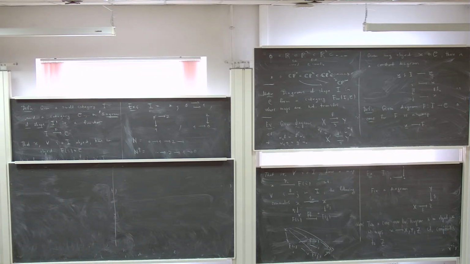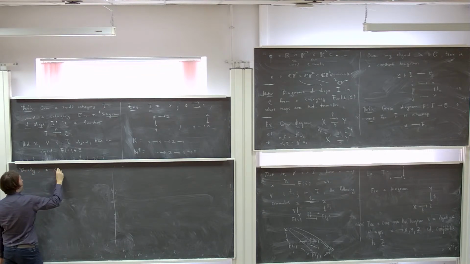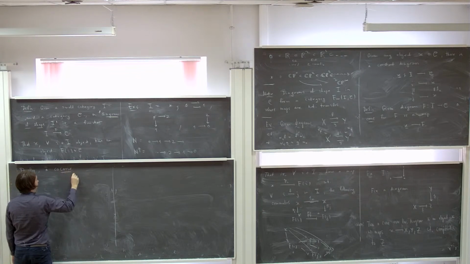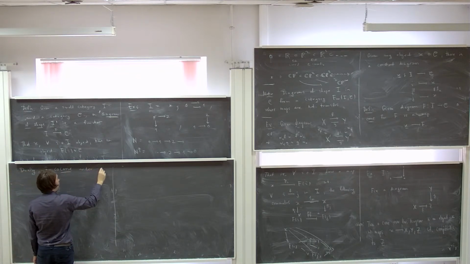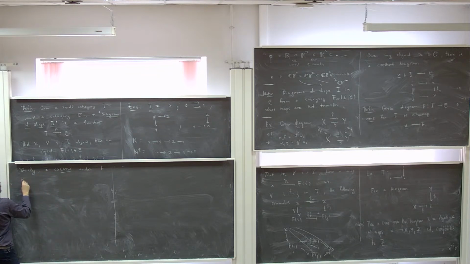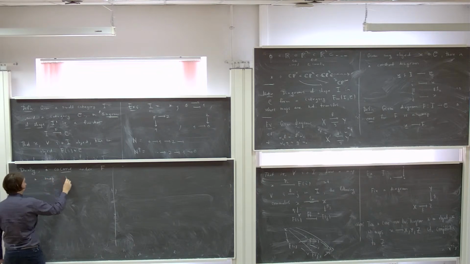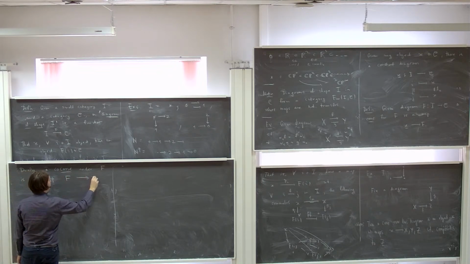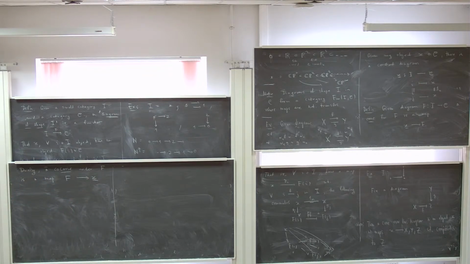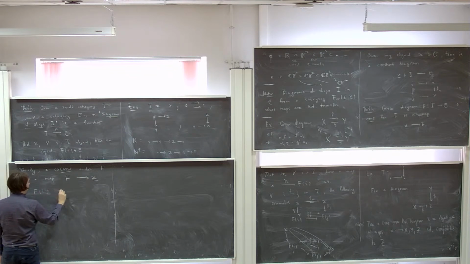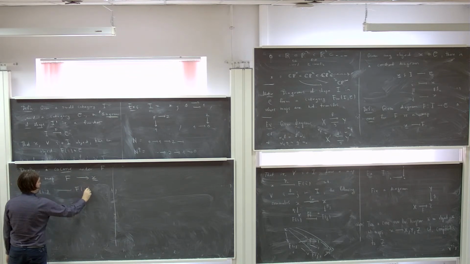Okay, so a cocone is the dual thing. So dually, a cocone under F is a map of diagrams to a constant diagram. And so it looks very similar, except now I have a bunch of data like this.